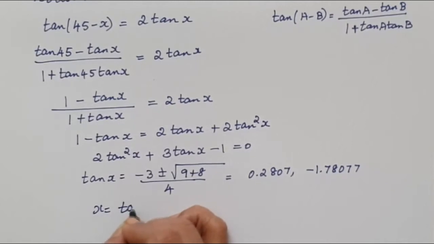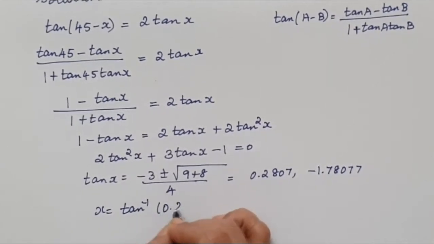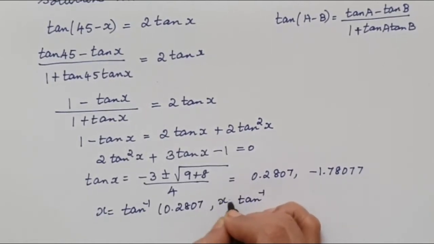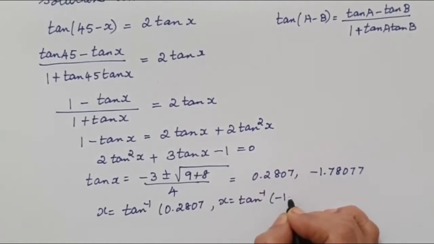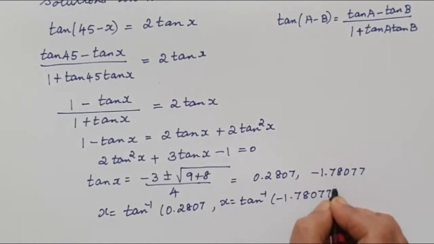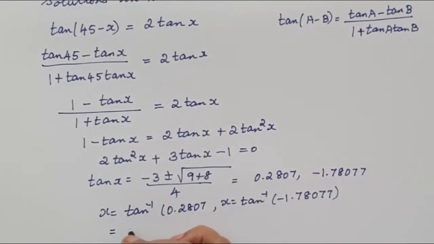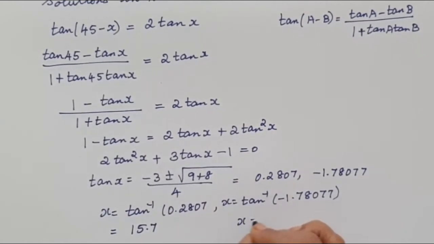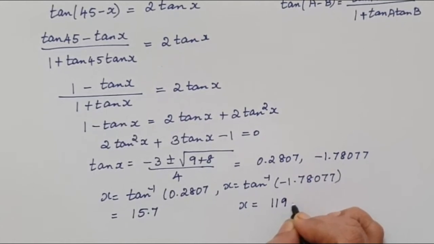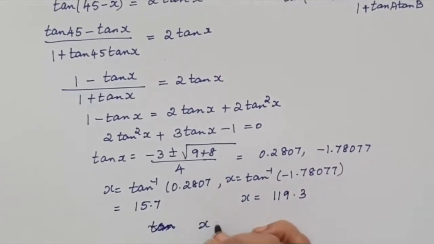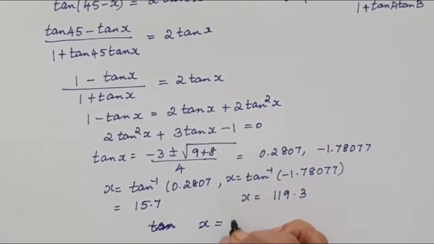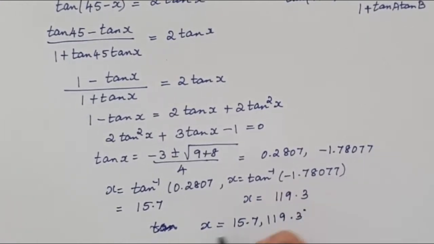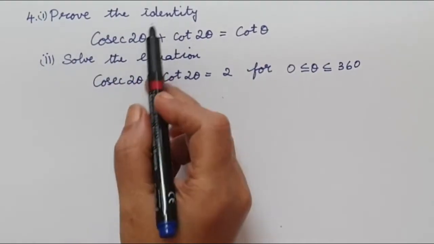So x will be equal to tan inverse of 0.2807 and x will be equal to tan inverse of minus 1.78077. This is 15.7. When you add 180, it goes outside the range. So the other value will be 119.3. The values for x will be equal to 15.7 and 119.3 degrees.